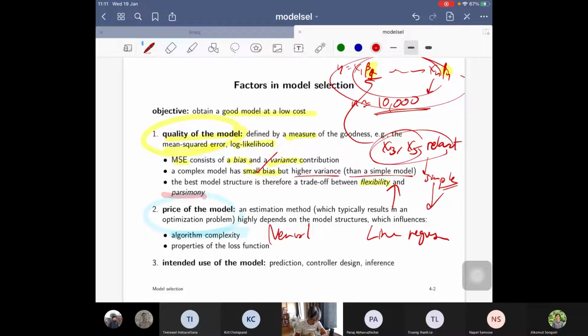I think everyone knows by now that linear regression is a simple model, and a neural network is a complex model. From a computational point of view, linear regression can be solved in no time, even though your variables number like 100,000. The numerical method is also a very mature technology.